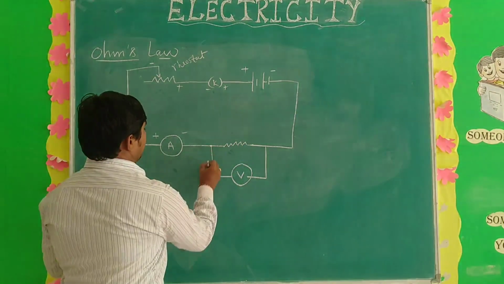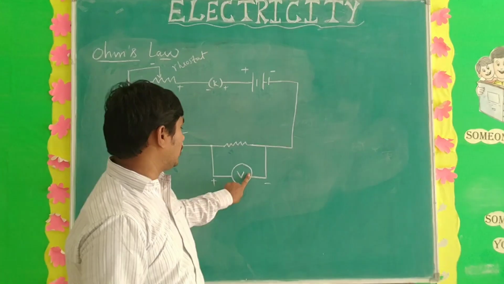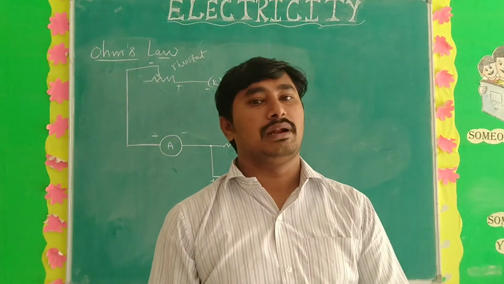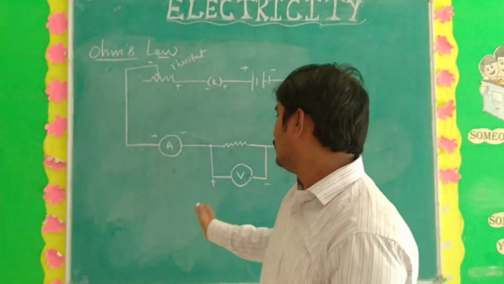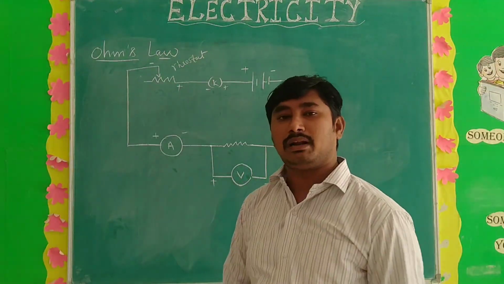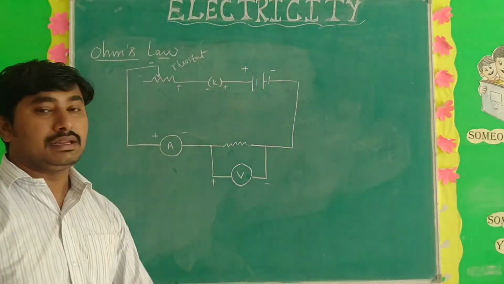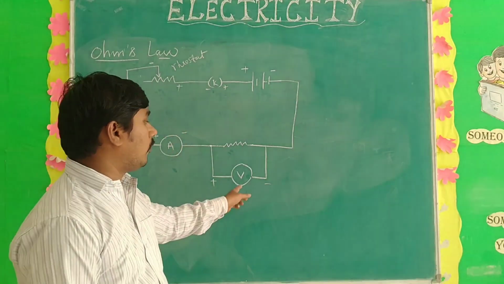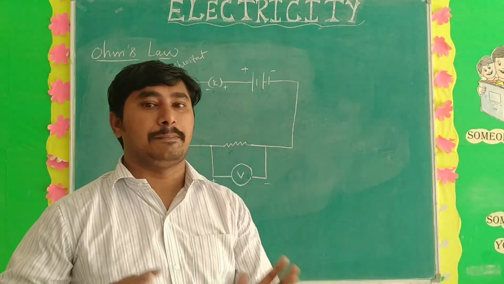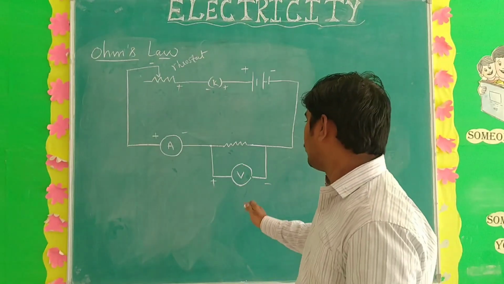And this is a voltmeter. What is the voltmeter? A voltmeter measures the potential difference across two particular ends. That is the use of a voltmeter. Also, the voltmeter is always connected in parallel connection. If you connect the voltmeter in series, it will show faulty readings, not perfect values, and other problems may come.